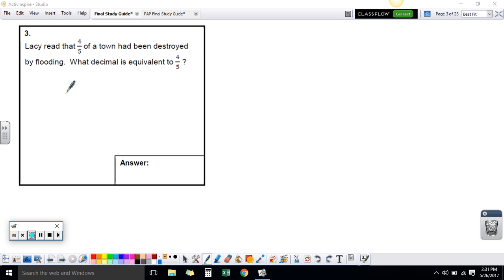Okay, number 3. Lacey read that 4/5 of a town had been destroyed by flooding. What decimal is equivalent to 4 over 5 or 4/5? Okay, so we've got 4/5 and we need to turn it into a decimal. Well, remember that our decimal place values are tenths, hundredths, thousands, and so on, but we don't need to go that far.